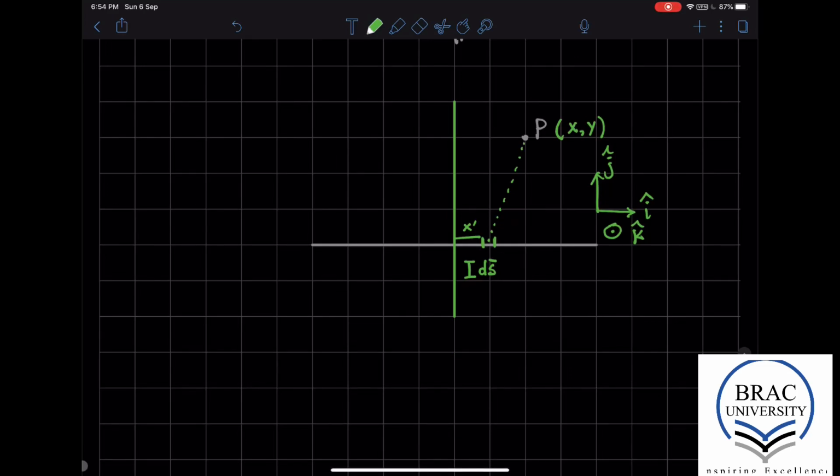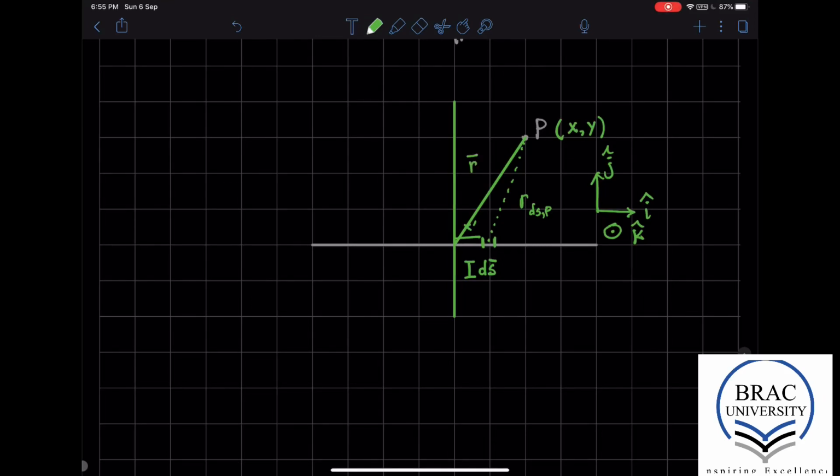The distance from the origin to P is given by this vector r.